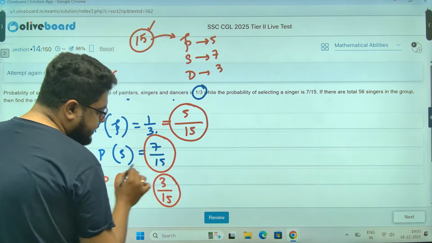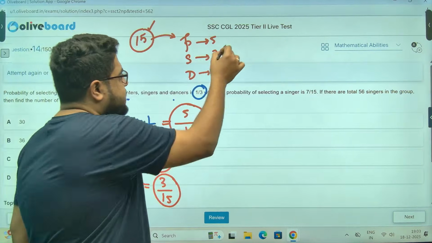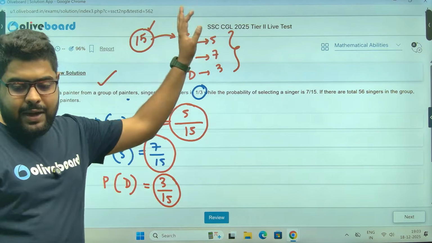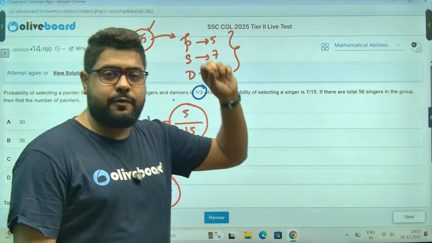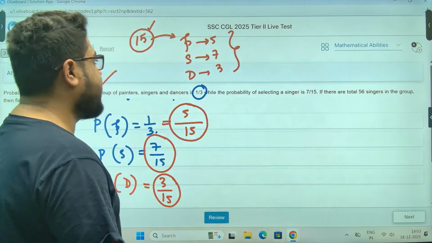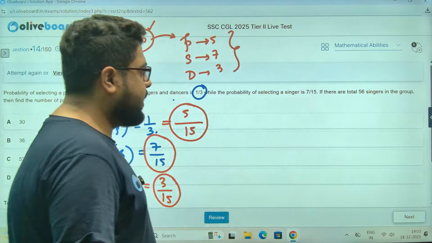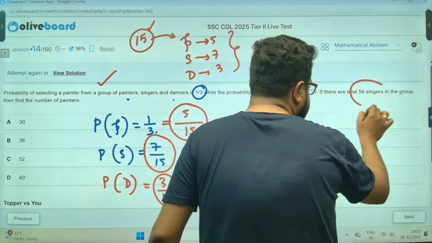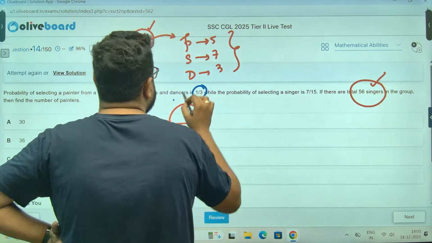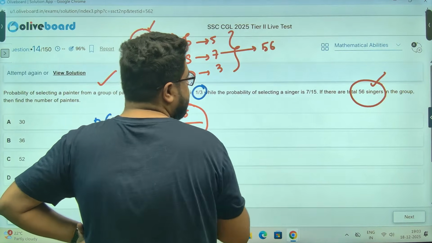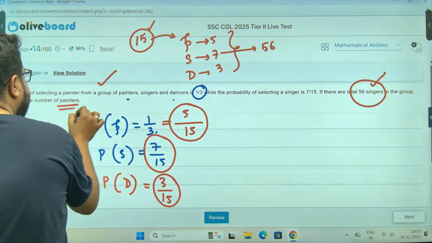This is the gist. These are parts, 15 units of people. Now the actual numbers are given. If total 56 singers are there, meaning 7 parts of singers equal 56. Now they are asking for the number of painters.